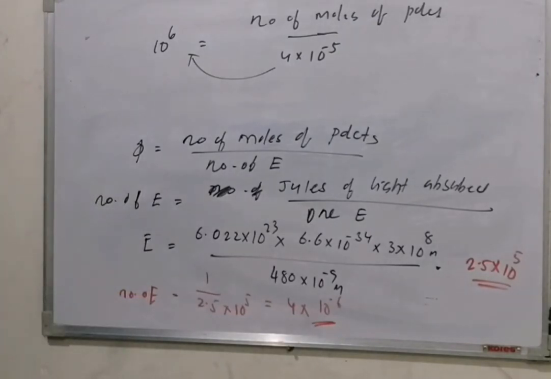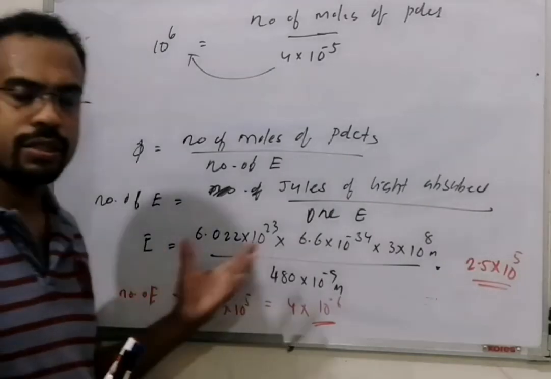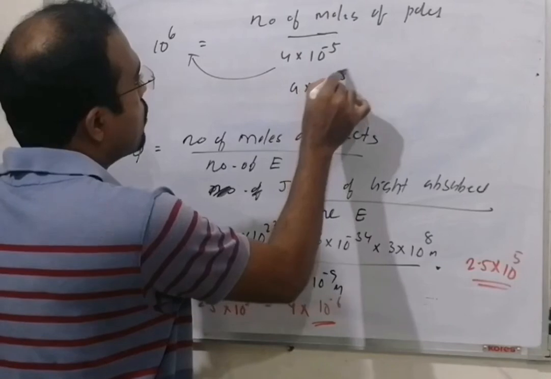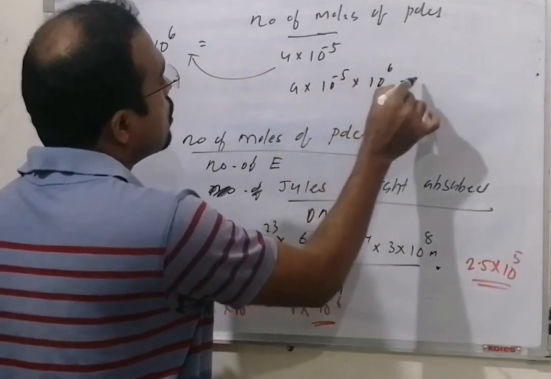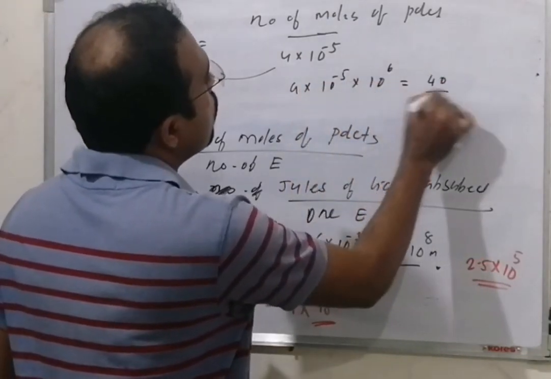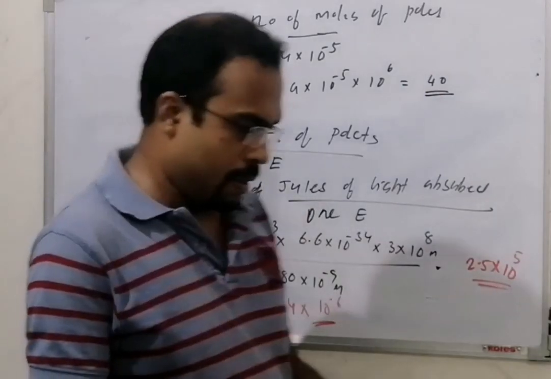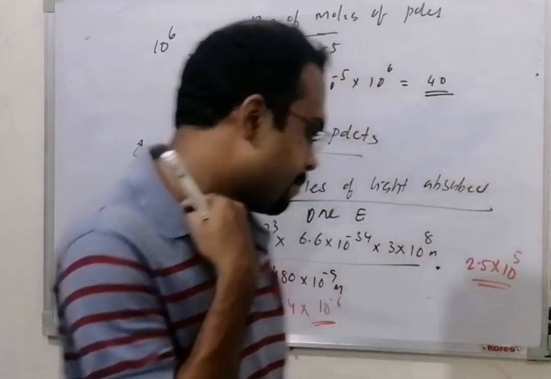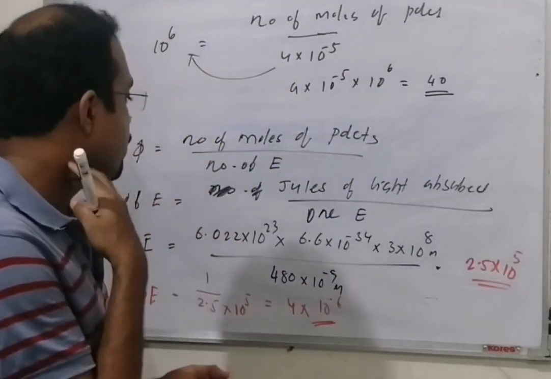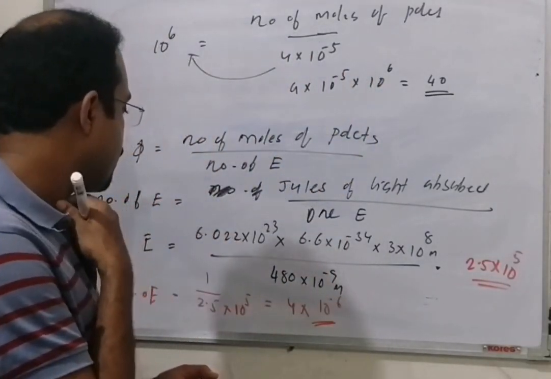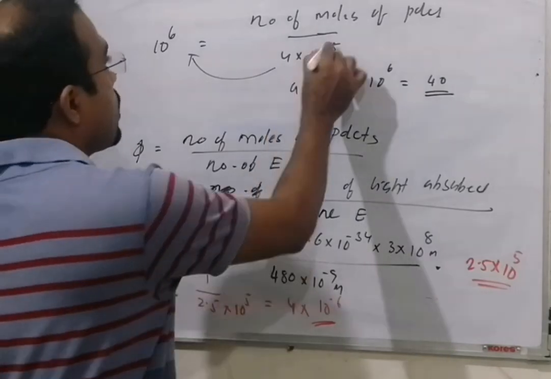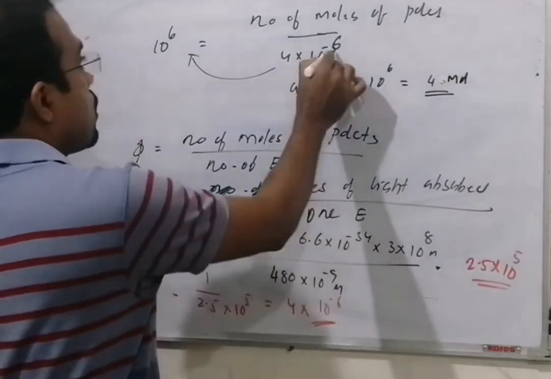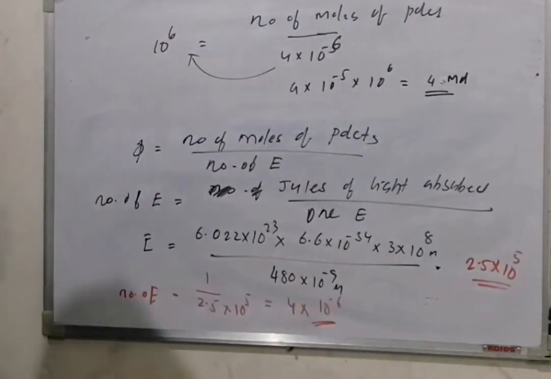That is 4 into 10 raised to minus 6 into 10 raised to 6. Therefore, 4 mole is the answer.